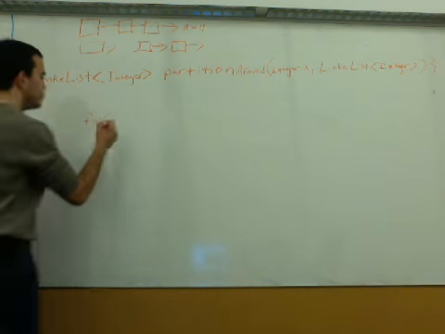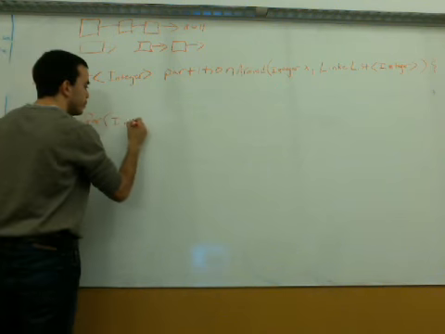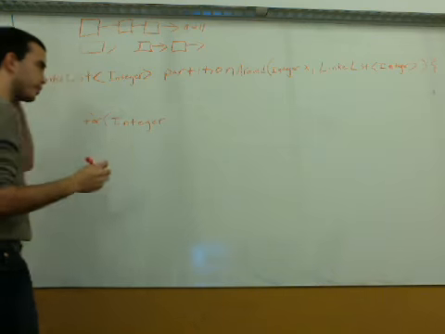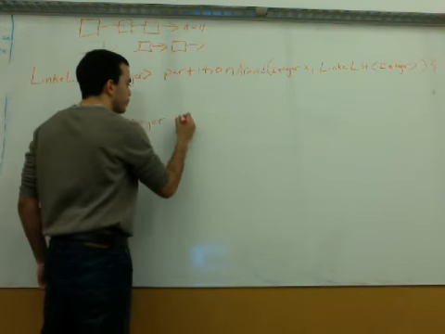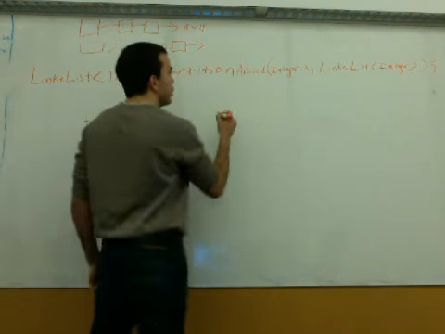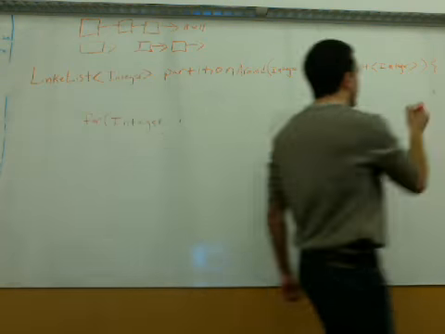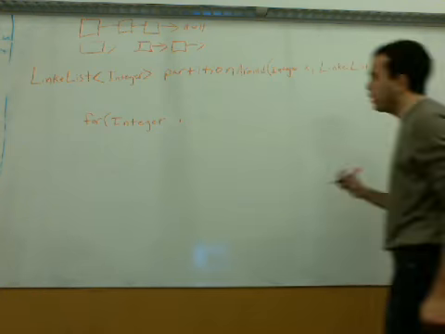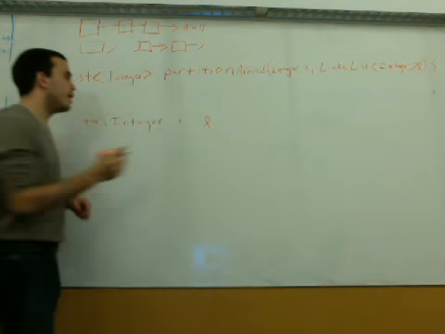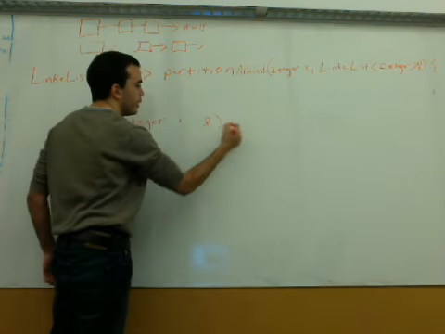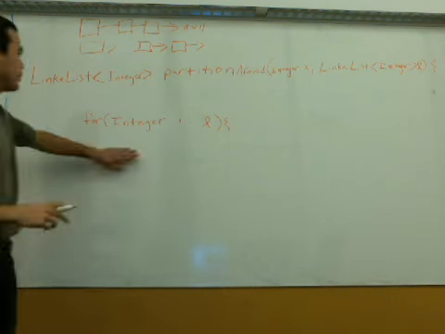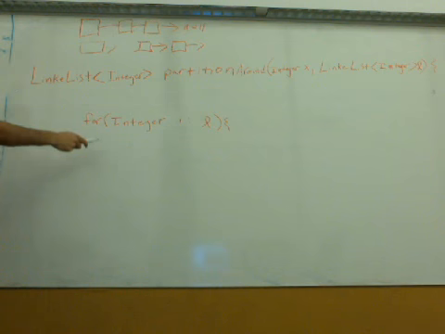For integer I in our linked list, which has no name, we'll call it squiggly L. For integer I in our squiggly L linked list, this is what we're going to do.